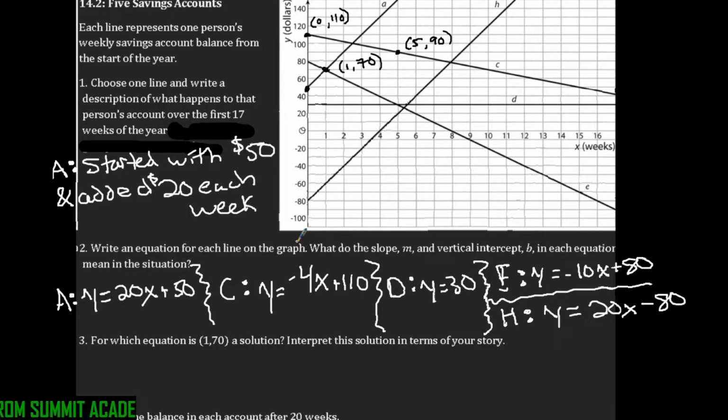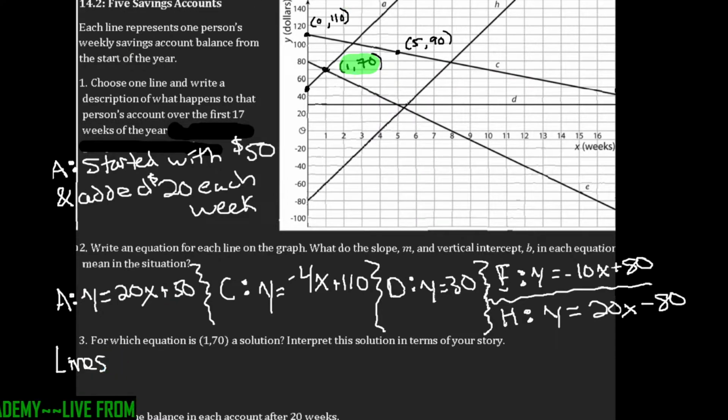For number 3, it says for which equation is 1, 70 a solution. So I'd find that point 1, 70, which is actually already used. Let me highlight it like this. That's the point 1, 70. And I'm asking, what is that used for?